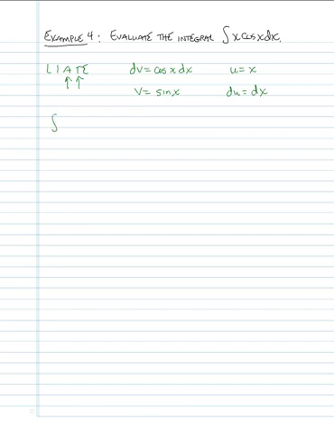The integral of x cosine x dx, as we've set it up, this is the integral of u dv. And we know that that's u times v minus the integral of v du. And now we have all the pieces in place. Our u value is x, our v value is sine of x, minus the integral of v du. Well, v, of course, is sine x, and du is dx.